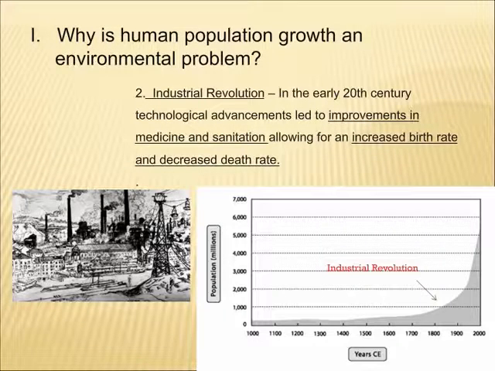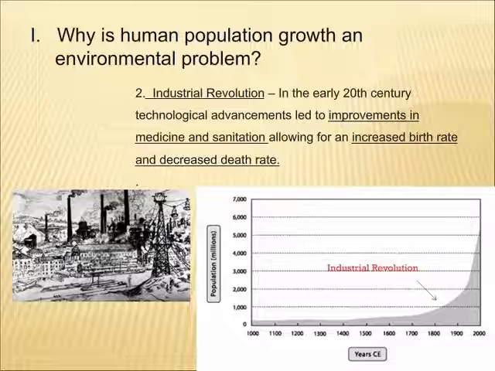But the growth really took off around the time of the Industrial Revolution. If you look at the slide, you will see a J-curve, and you've learned what a J-curve shows. It shows growth over a period of time and exponential growth in a short period of time. And you can see on the graph that at the time of the Industrial Revolution, near the year 1900, there was a rapid increase in the growth of the human population.